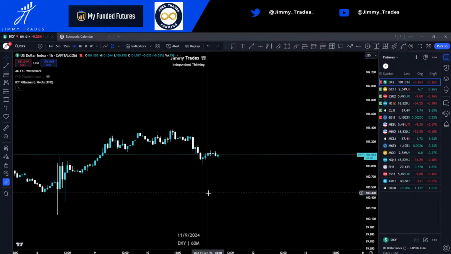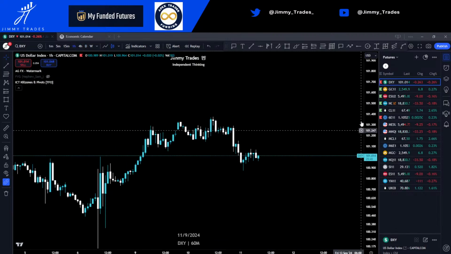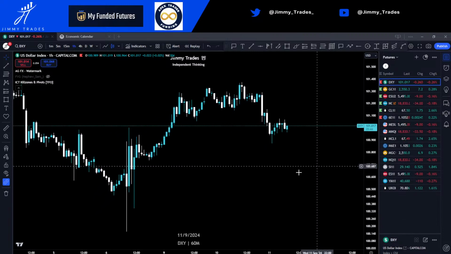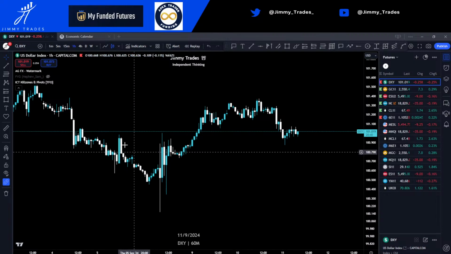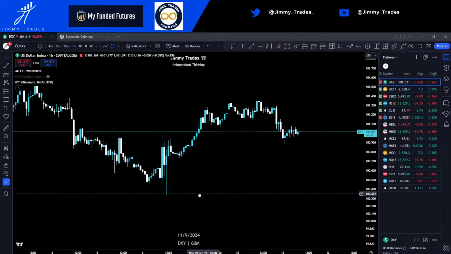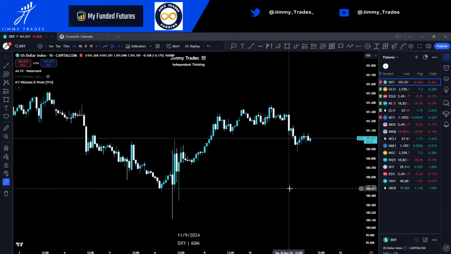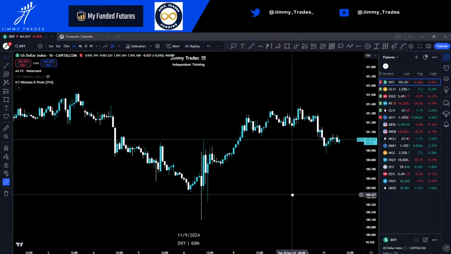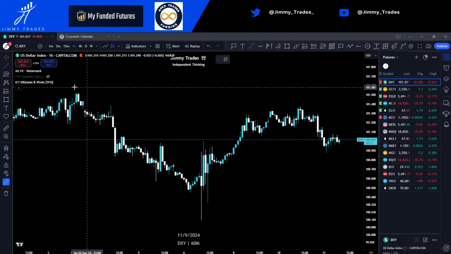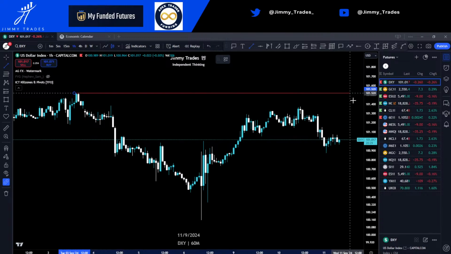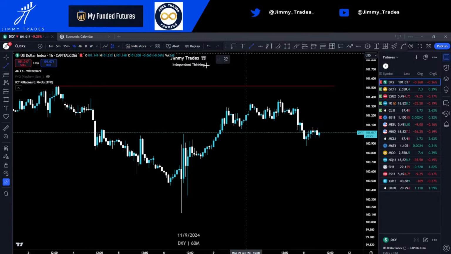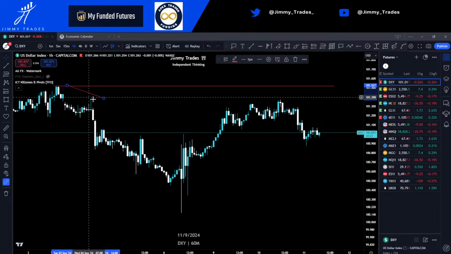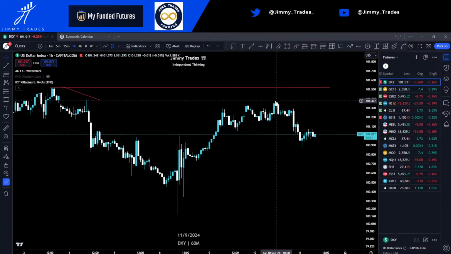Let's have a look at the hourly. I don't know, Dixie always seems to have these ugly candles. So these equal highs stand out for me. With low resistance liquidity, you see price already reaching for that.